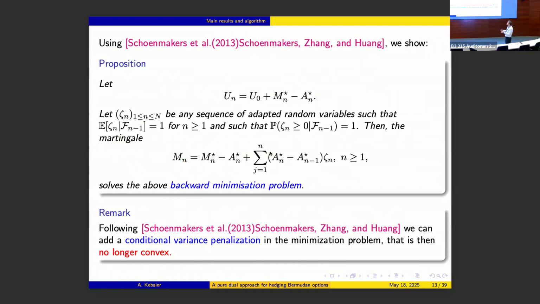So for any new choice of your Z_n, you provide a solution for the optimization problem.